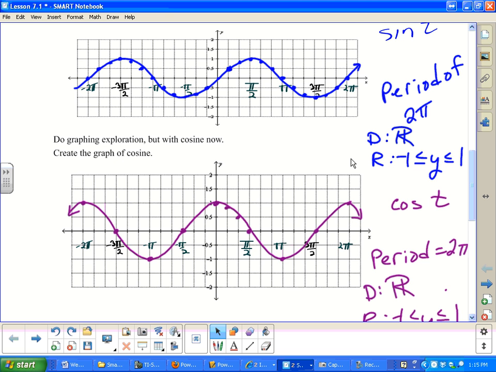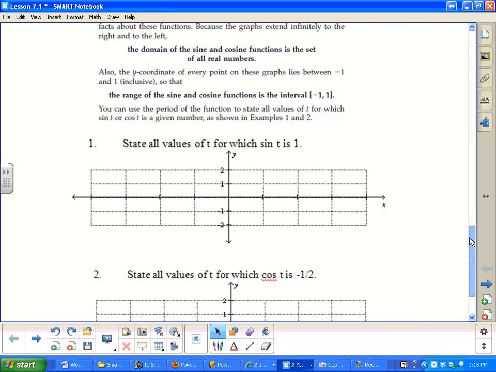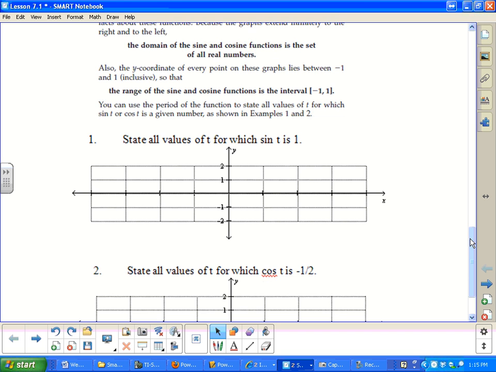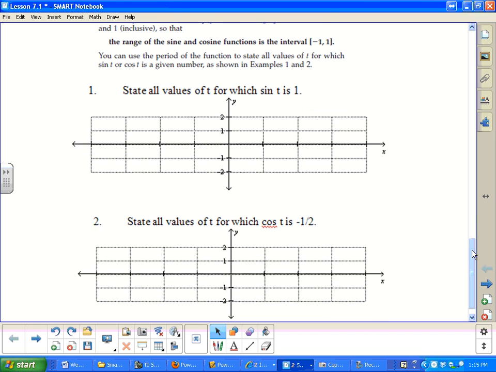Okay. All right. So those questions from your sheet. Okay. Now, the question was that, well, now this graph here doesn't look the same as the same axis, right? But I told you there's 5 important numbers, okay? 0, pi over 2, pi, 3 pi over 2, and 2 pi. If you can graph them, then you're doing pretty good. So here it says state all the values in which sine is equal to 1.